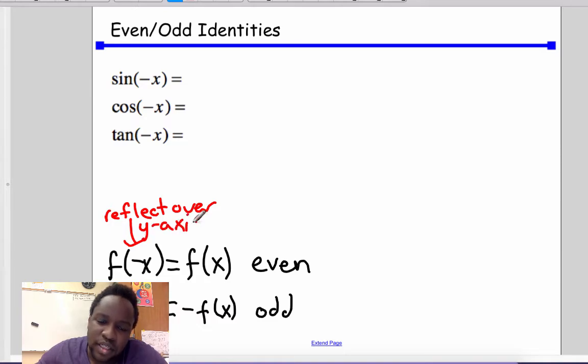And when we reflect the function over the y-axis, it's even when we get the exact same thing. So same as original.